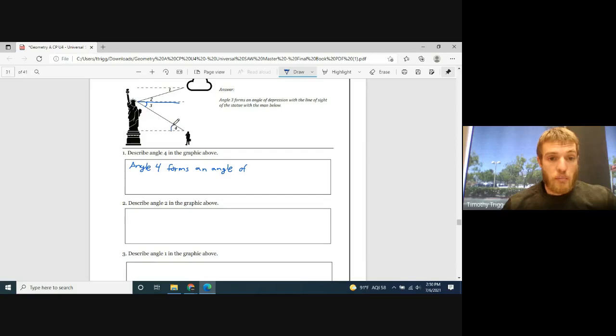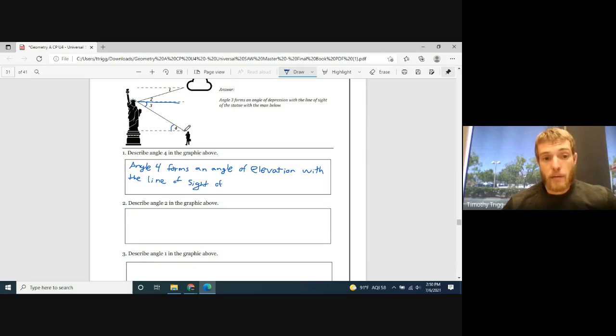Well, you can see the man is looking upward, so an angle of elevation with the line of sight of the, whose line of sight are we looking at?